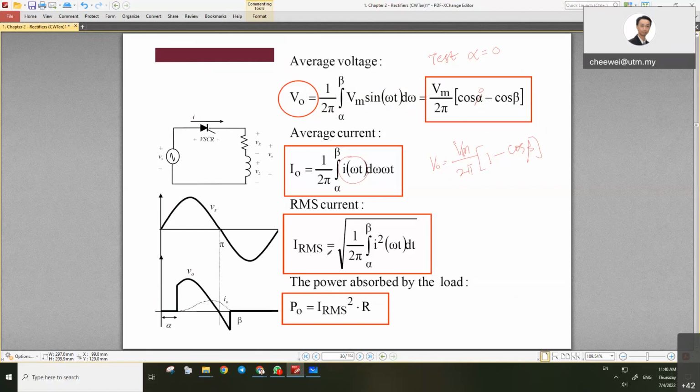Same thing goes if you want to find the RMS value of the current, then you will have to press longer, I guess, because you have the squared here of the equation. So please try your calculator. Different models will use different pressing syntax. After you obtain the I_RMS, you can calculate the power using I squared R as usual.